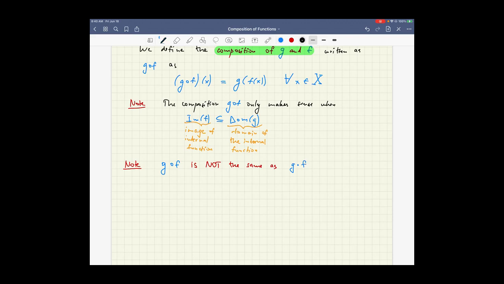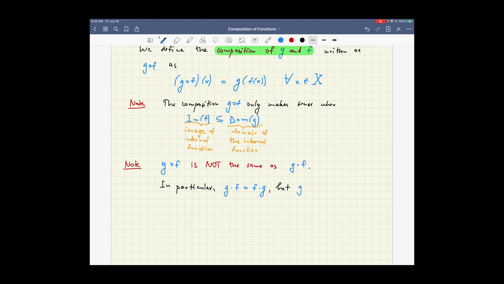In particular, the product of functions is of course commutative, meaning that g times f is of course the same as f times g. But the composition is not commutative.